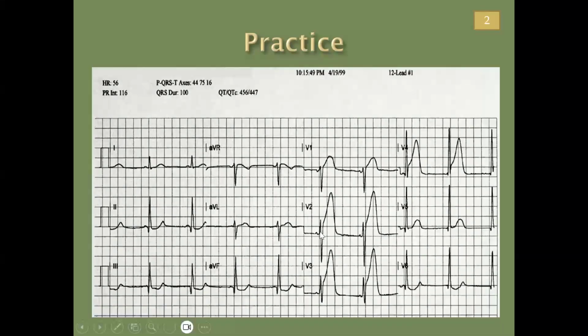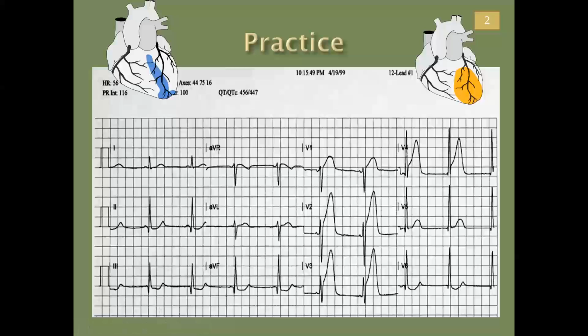And then you're going to lose your R wave and it's going to develop into a Q wave. We know it's early because we've got reciprocal changes over here in leads 3 and AVF. So these are your septal leads, and this is your anterior leads. That's anterior septal, and that would be LAD.